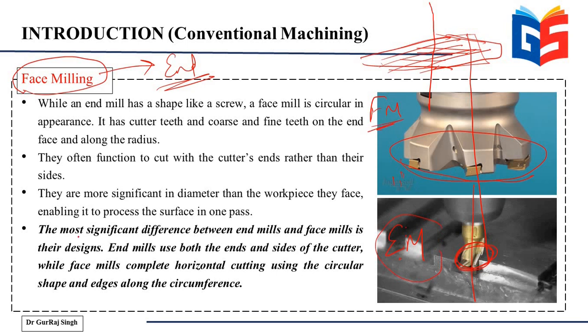So the most significant difference between end mills and face mills is in their designs. End mills use both the ends and sides of the cutter, while face mills complete horizontal cutting using circular and sharp edges along their circumference. So these are the cutting edges of a face milling cutter.